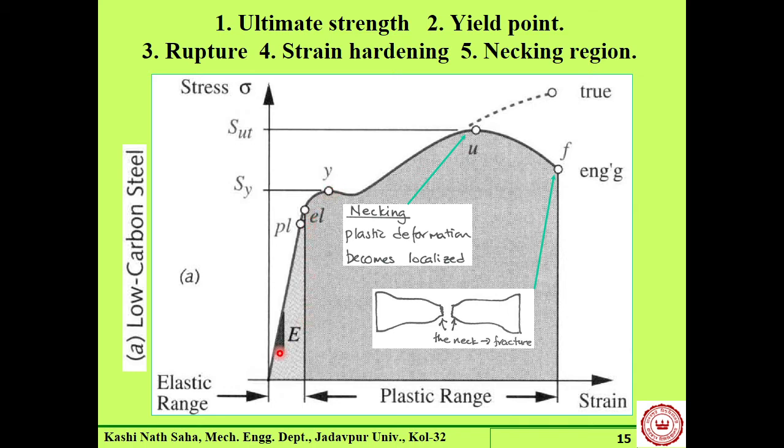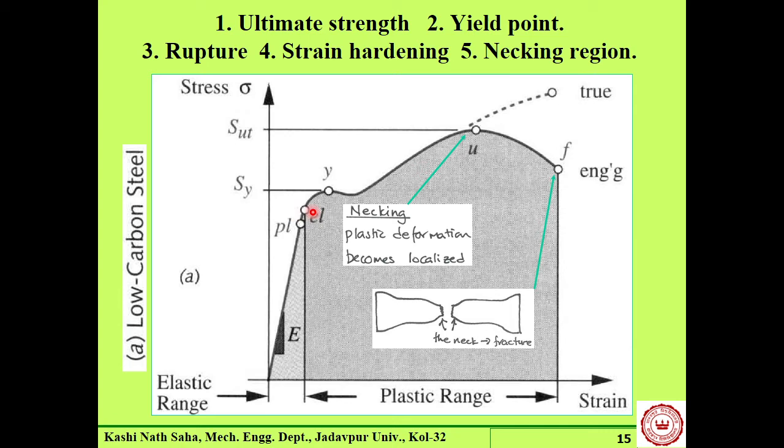That means, if the stress value goes up to this point, which is known as yield point, and the corresponding stress value is yield stress, it will come back. The deformation or the elongation will become 0 when we release the load. So that is why there is a difference in these points. This is known as proportional limit. These things you know from your undergraduate studies.